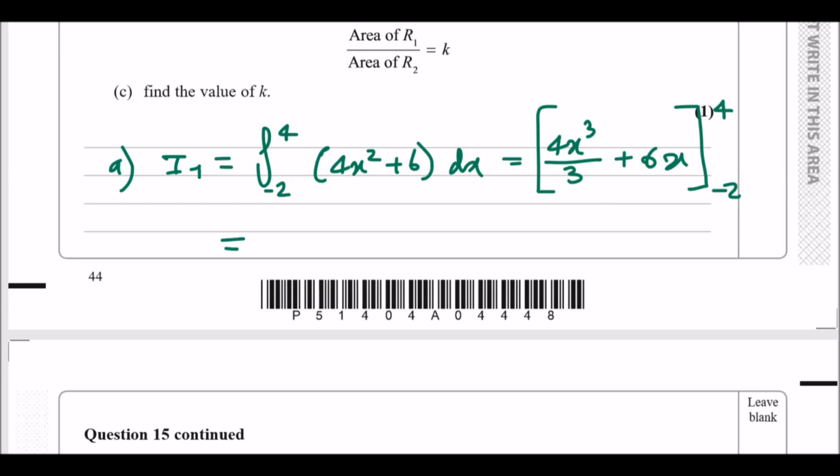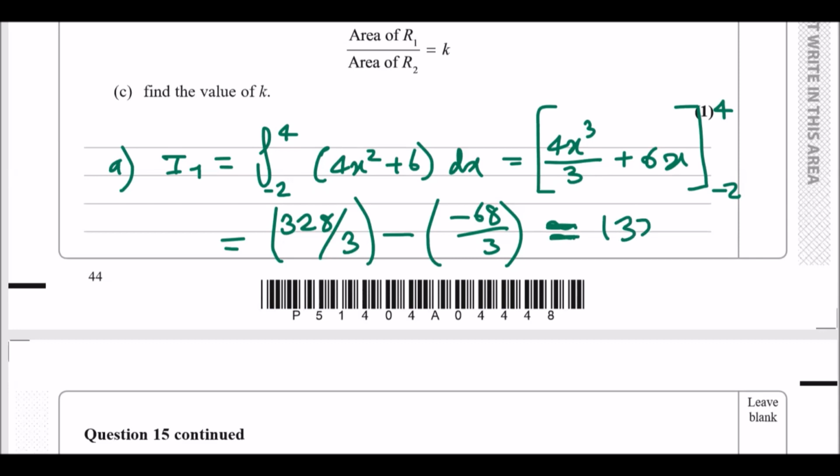Replacing x with 4 in your calculator, you should get something like 328 over 3, and then subtract the value for x equals minus 2, which should be minus 68 over 3. Computing this, you should get approximately 132.